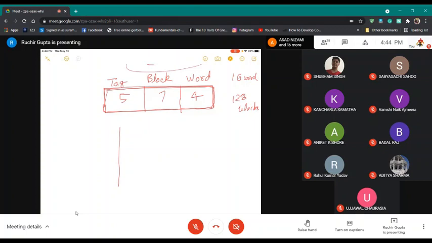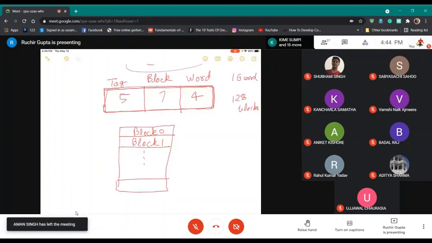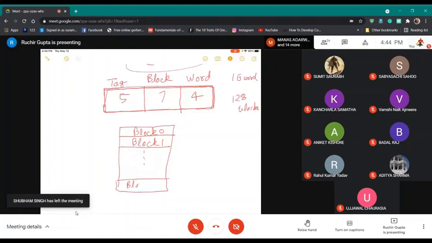So it will typically look like block 0, block 1, block 127.